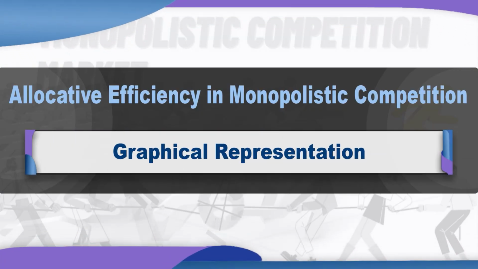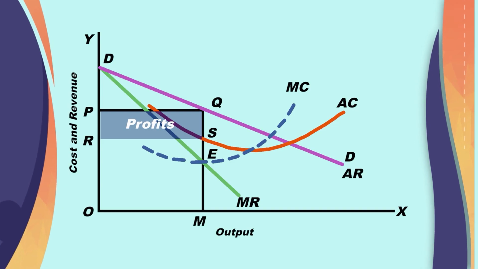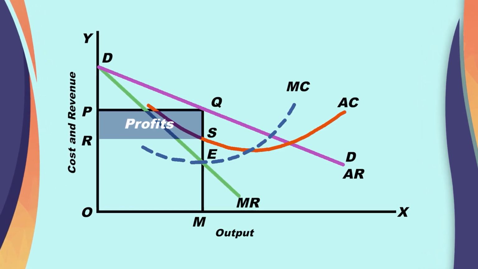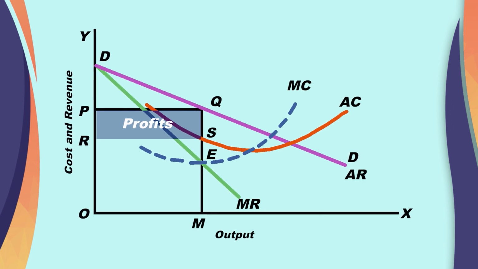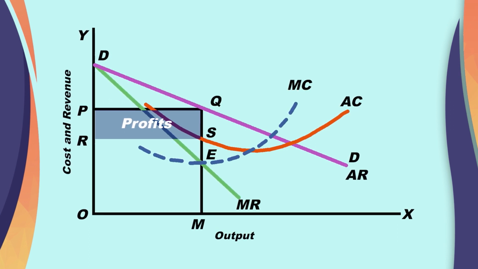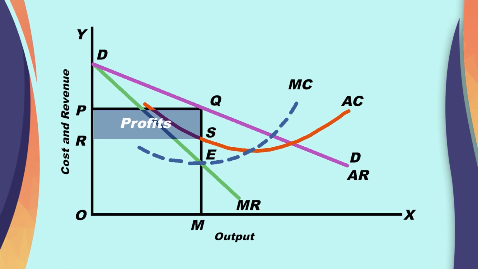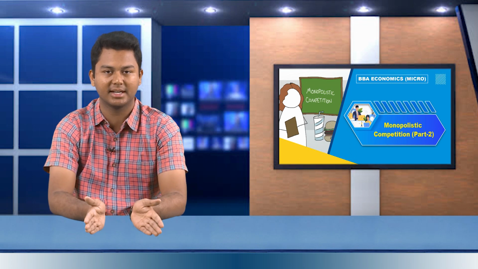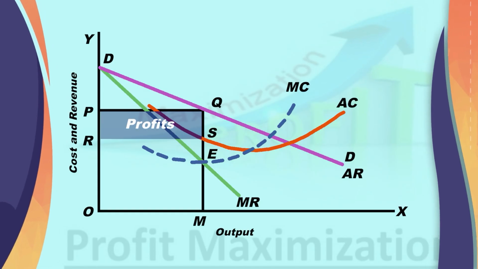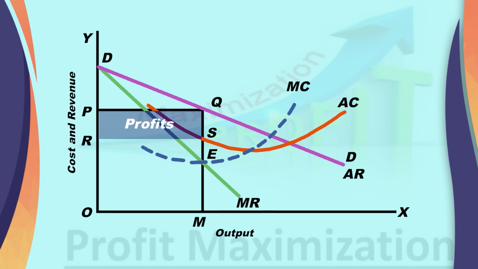If we try and imagine the graphical representation, then we can assume that the demand curve will be downward sloping, as we have seen in the previous session regarding monopolistic competition, and the marginal revenue curve will lie below it. The firm sets output where MR is equal to MC. This is the equilibrium condition for setting the quantity to be produced, and it is called the profit maximizing quantity.